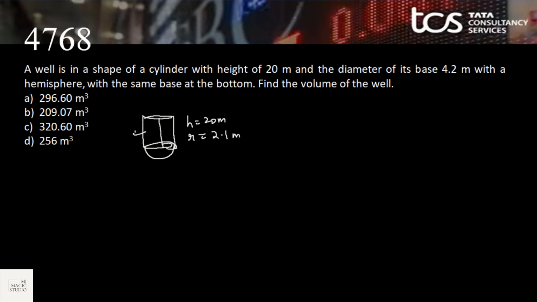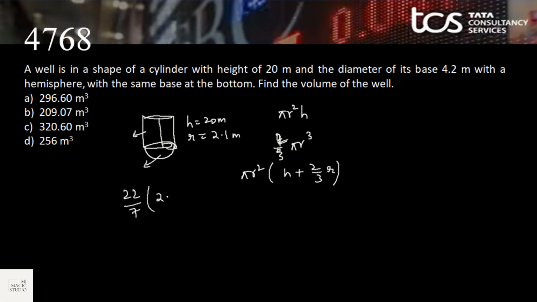So the volume of the well is the volume of the cylinder plus the volume of the hemisphere. Volume of the cylinder is pi r square h and the volume of the hemisphere is 4 by 3 by 2, so it would be 2 by 3 pi r cube. So I'm taking pi r square into h plus 2 by 3 r. So we have 22 by 7, r is 2.1 whole square, into h is 20 plus 2 by 3 into 2.1, that would be 0.7, so that is 1.4.